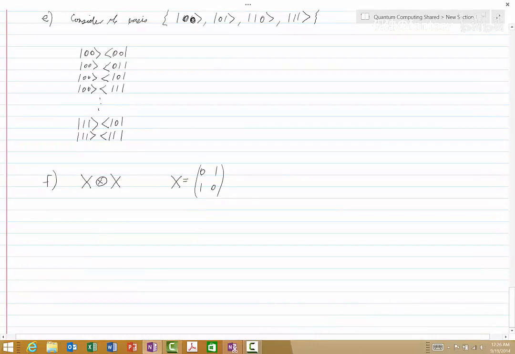Okay, for this problem, I want to consider two different ways to do it. In the first, we will go directly to the Bra-ket notation.